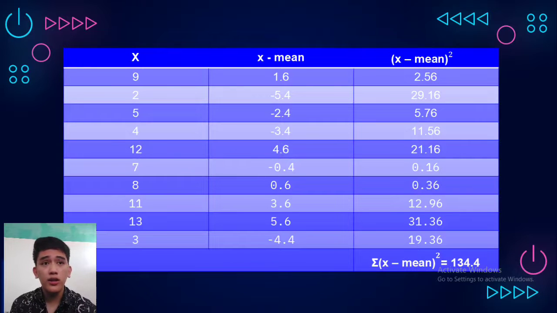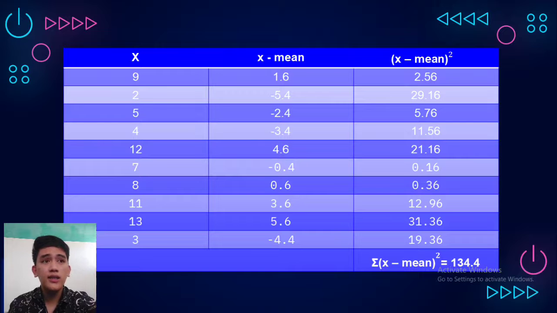And so on. Okay, para mas mapadali tayo, i-squared ulit natin kung ano yung nasa x minus mean. 1.6 squared is equal to 2.56. Negative 5.4 squared is equal to 29.16. And so on. Compute na lang natin isa-isa at makikita naman natin ang sagot.